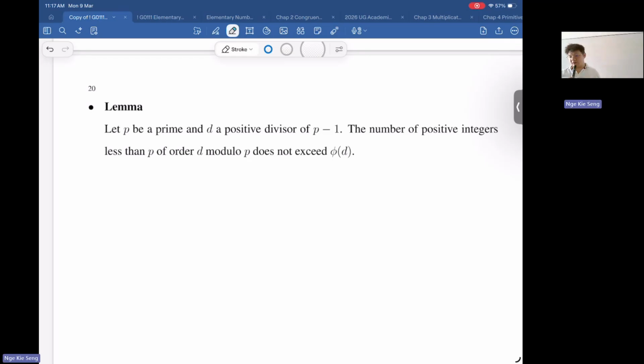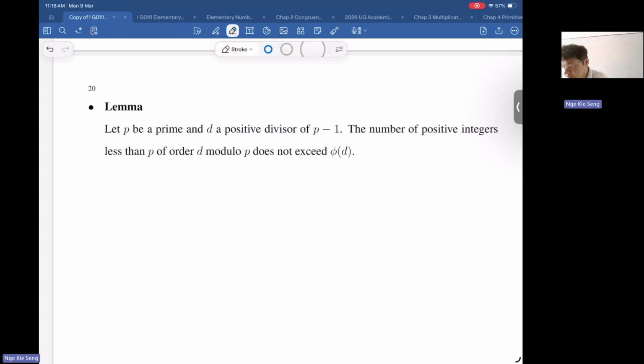Do you know what this means here? If you look at all the positive integers less than p that have order d mod p, the number of them doesn't exceed phi of d. Okay, there are a few things to do here.